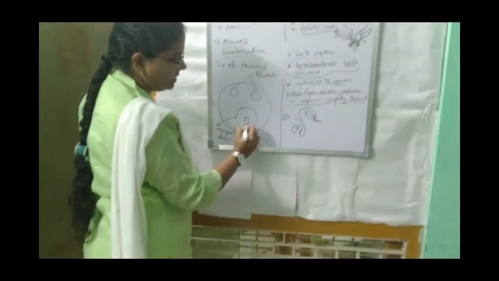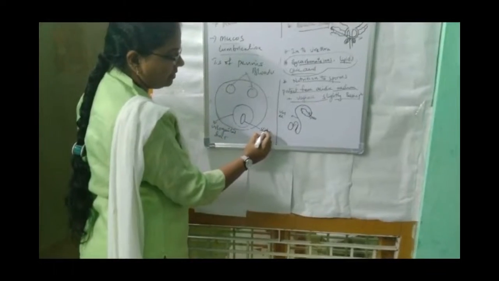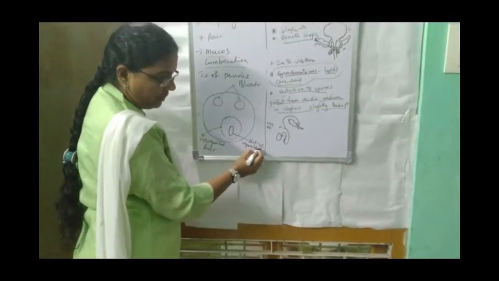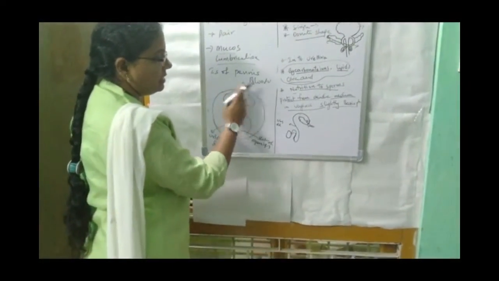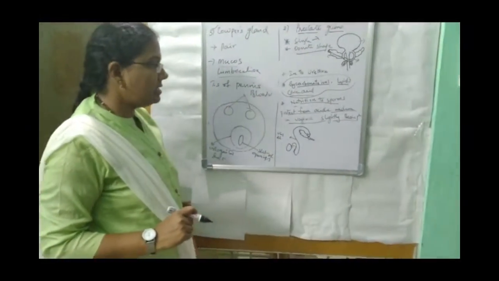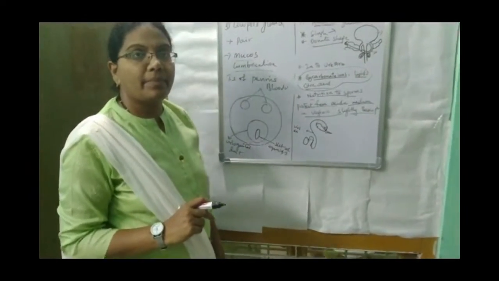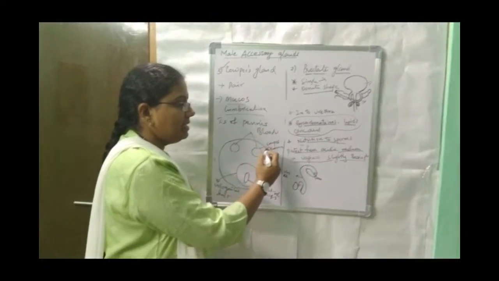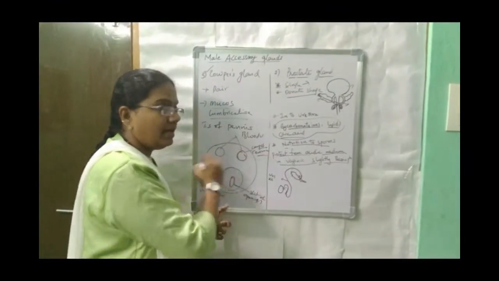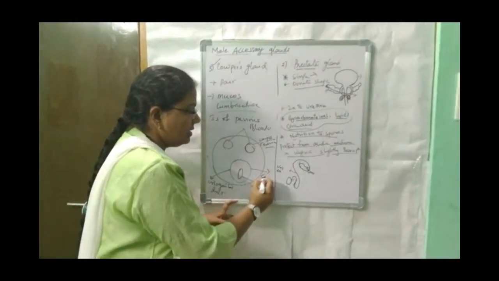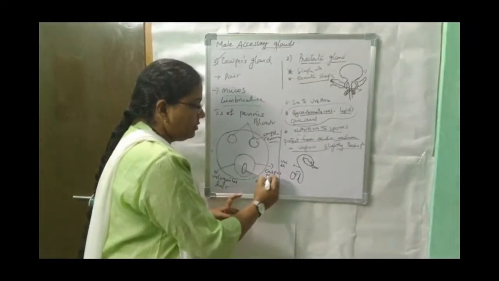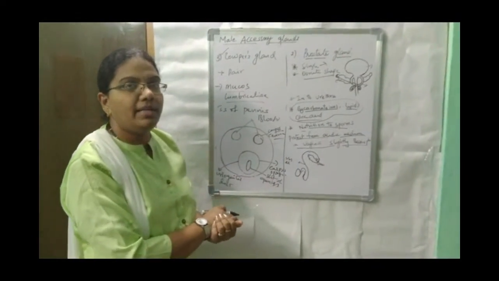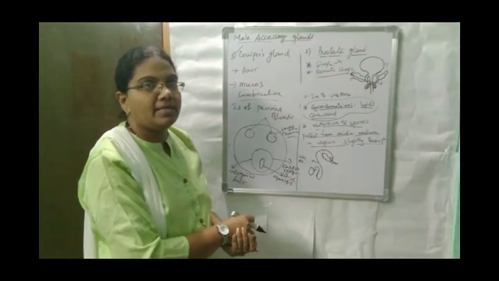This is the slit of opening. This is the structure of penis. In this structure, we observe blood vessels, and here the corpus cavernosum, and the outer layer is the corpus spongiosum. These are the main structures we observe in TS of penis.